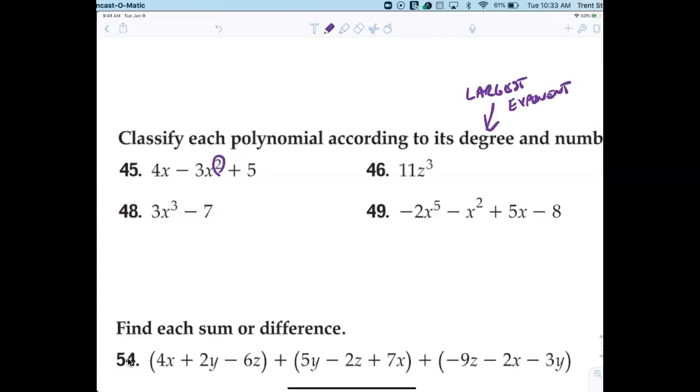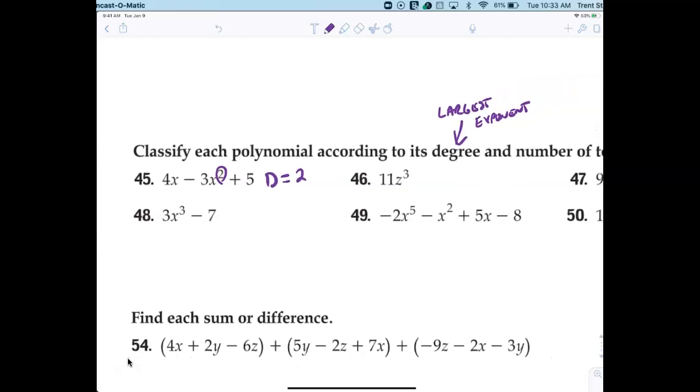Okay, so in 45, the degree is what? Degree is 2. And what type of polynomial is it? Monomial, binomial, trinomial? Trinomial, right? There are 3 terms. So the degree is 2, and this would be considered a trinomial. Okay?